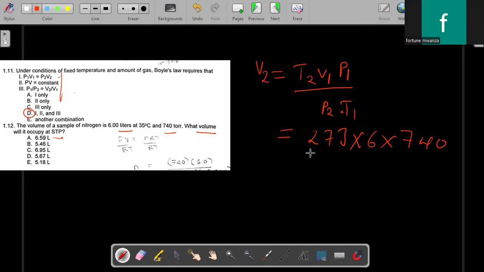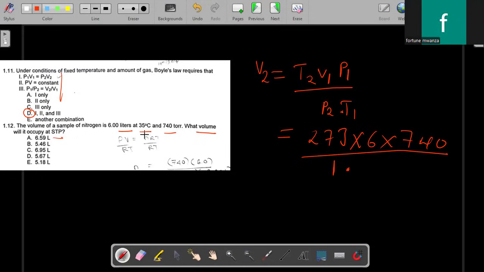Then divided by the second pressure. At standard room temperature and pressure, P2 will be 1 atmosphere. Then the temperature T1 is the one being given, which is 35 degrees Celsius.